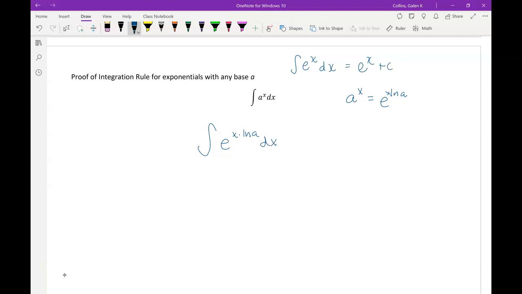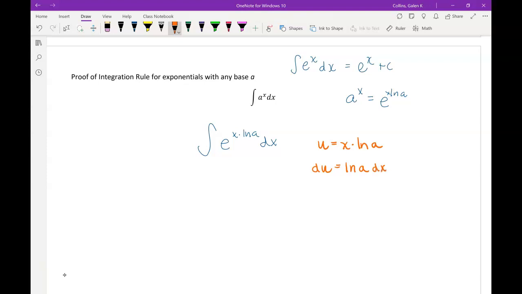And again, natural log of a is a constant. It depends what number we choose for a, but a is a constant, so ln of a is also a constant. So I'm going to do a u sub here. Let u be x times the natural log of a, which means our du would just be the natural log of a dx.